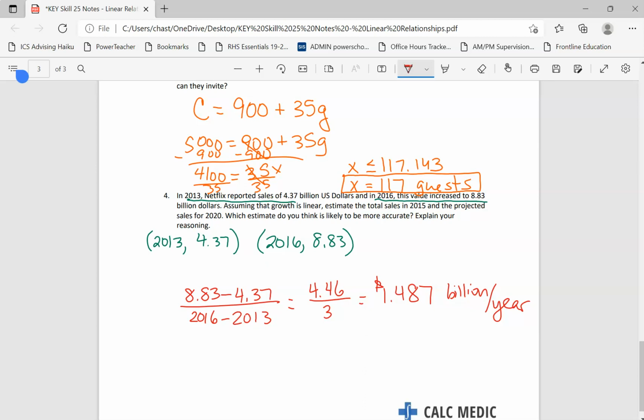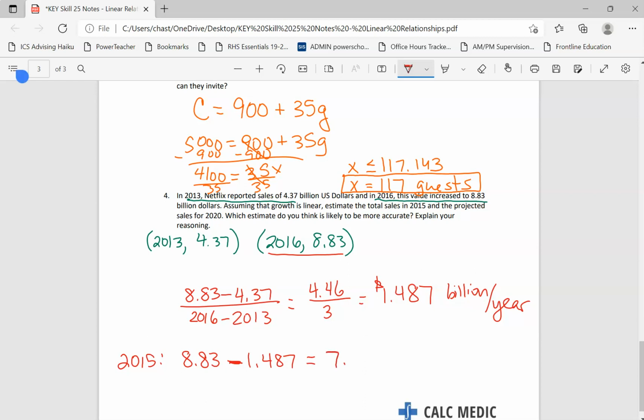If I use that to predict 2015, so if I'm looking at 2015, we take our 8.83 minus 1.487, because remember 8.83 is our 2016, so I subtract off one group of the rate of change to get to 2015.